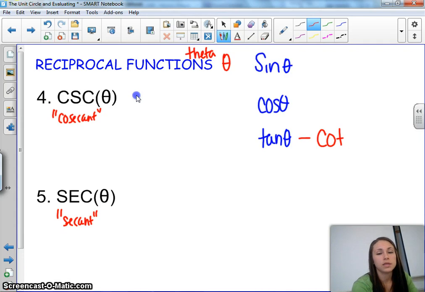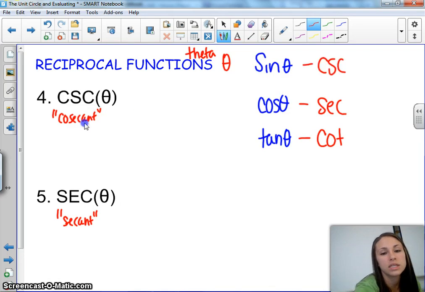I remember which one goes with which by saying each pair has to have a co in it. So, for example, tangent didn't have the word co in it anywhere. So it has to go with a function that does, and it goes with cotangent. Now, cosine already has a co in it, so it's going to go with the one that does not. So that means cosine goes with secant, and so they're a pair. Now, sine doesn't have a co anywhere in it, so sine goes with cosecant.